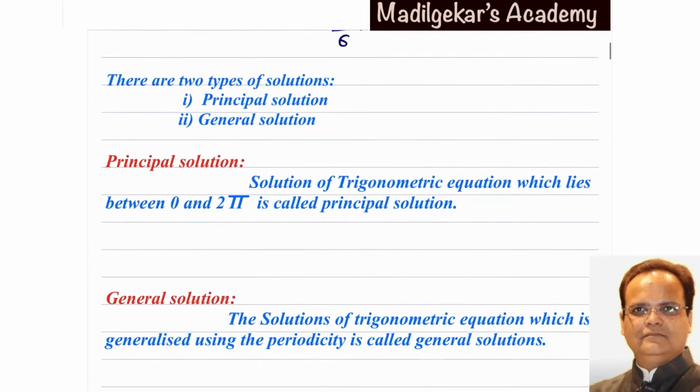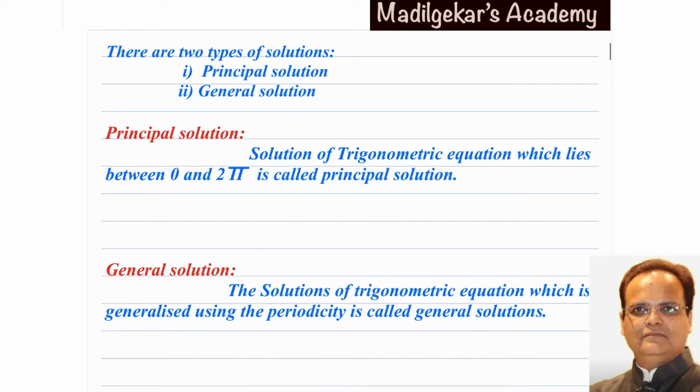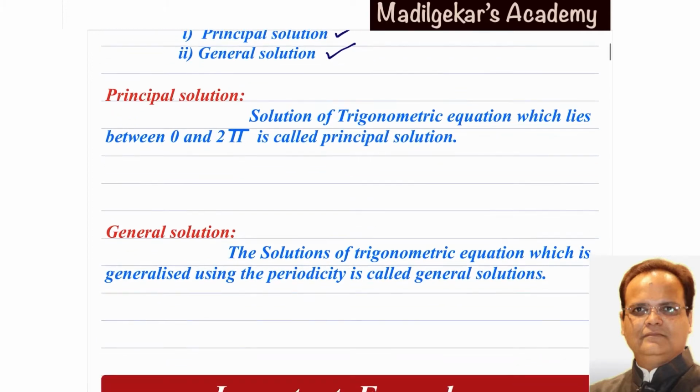There are two types of solutions. One is principal solution, second is general solution. What are principal solutions? Solutions of trigonometric equations which lie in the interval 0 to 2 pi are called principal solutions.